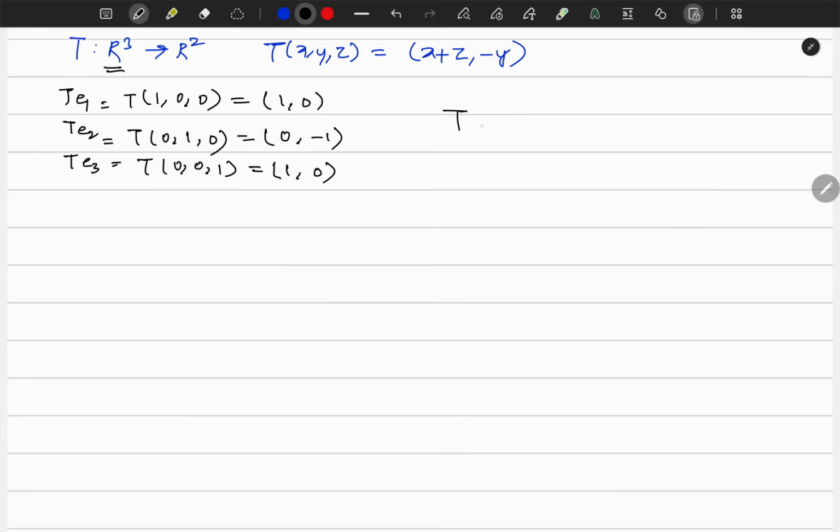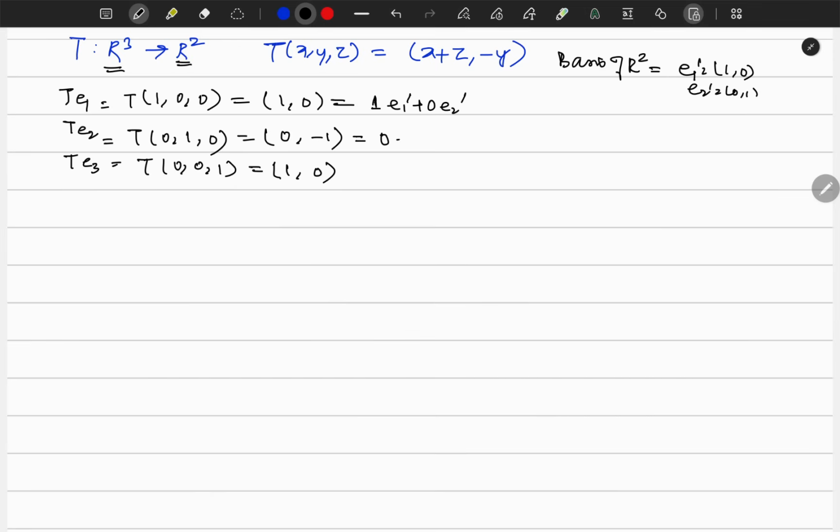So the matrix of T, or B, you can write in this way also, as a linear combination. What is the basis of R2? The basis of R2 is E1 prime, that is (1, 0), and E2 prime, that is (0, 1). So it can be written as 1 times E1 prime plus 0 times E2 prime.